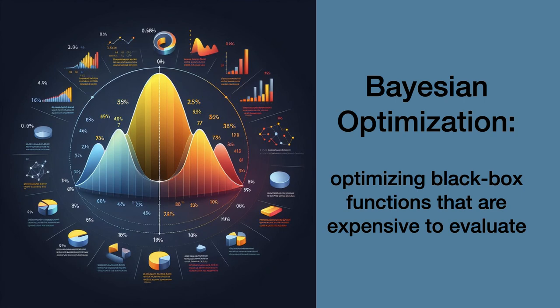Additionally, the Gaussian process model is computationally efficient and can handle a range of objective functions. It does not require any assumptions about the form or distribution of the objective function, making it a versatile choice for Bayesian optimization.